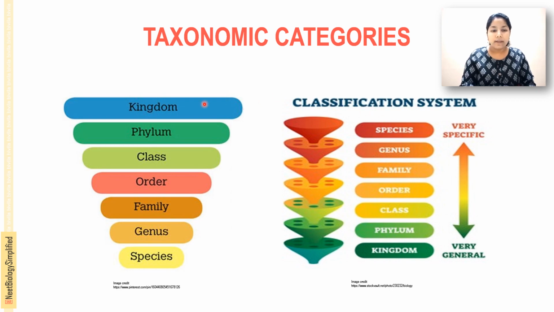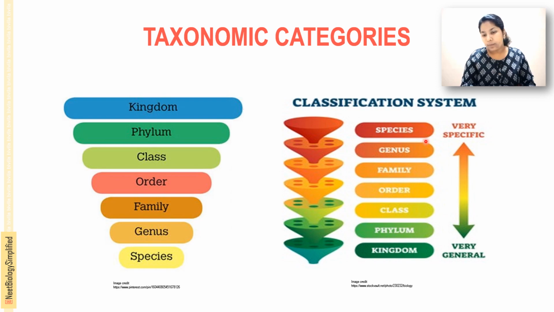And here you can see the taxonomic hierarchical categories: species, genus, family, order, class, phylum, kingdom. As we go to a higher category, similarities decrease. Lower the category, more similarities.